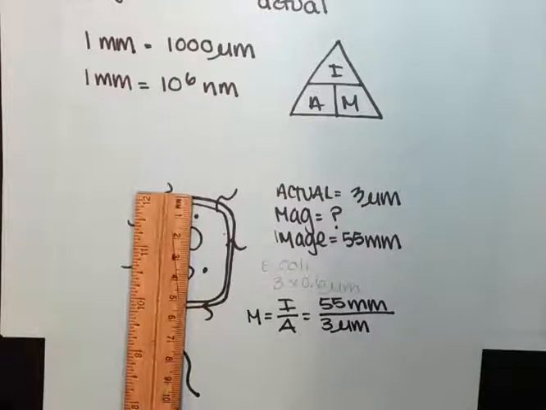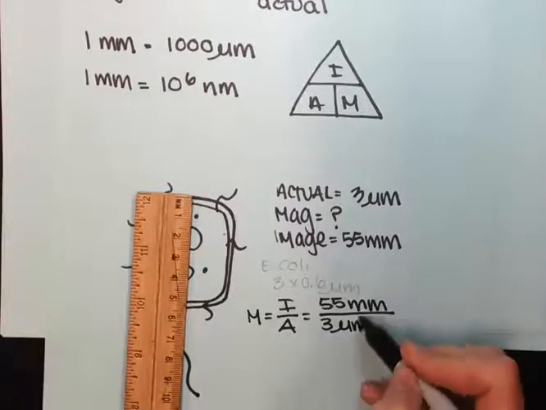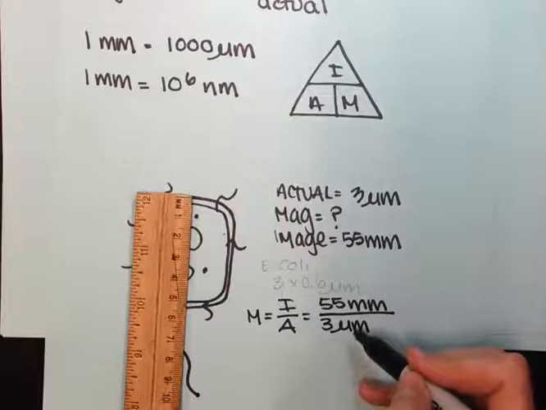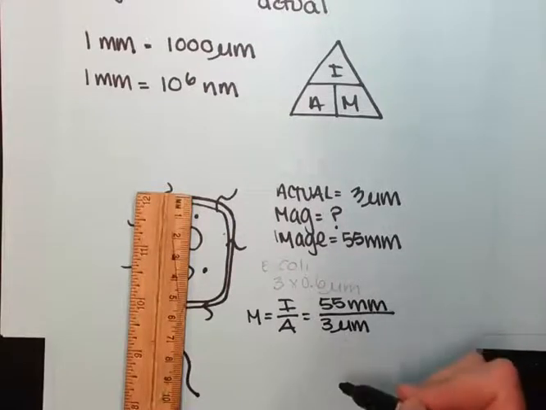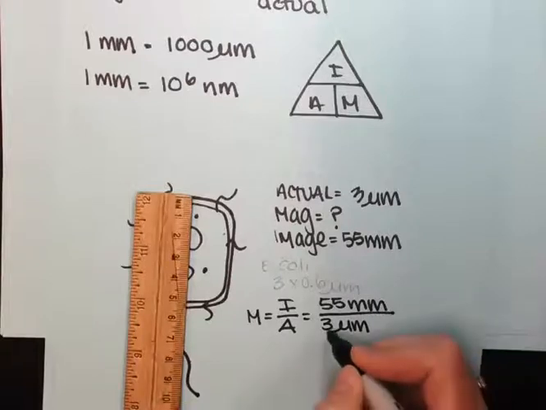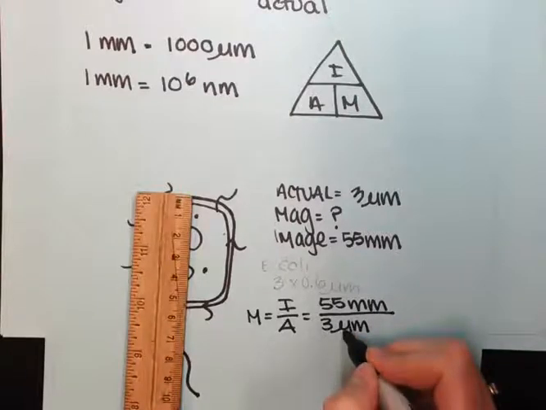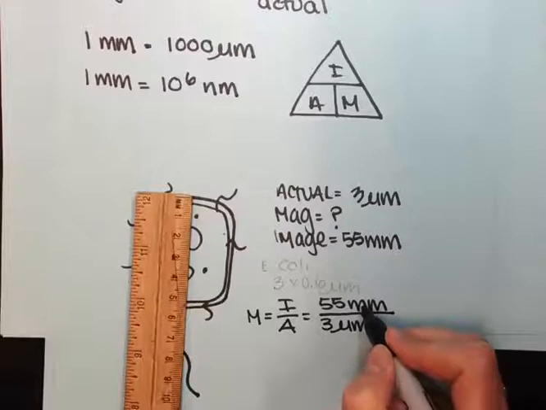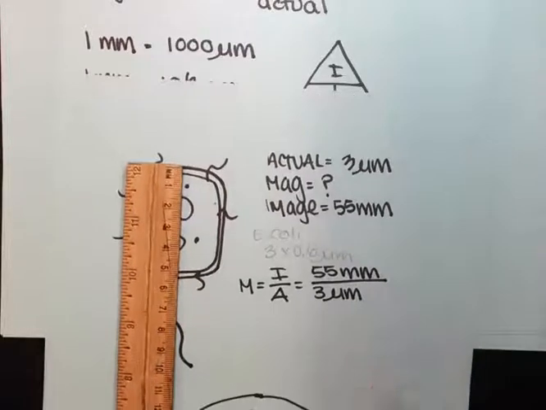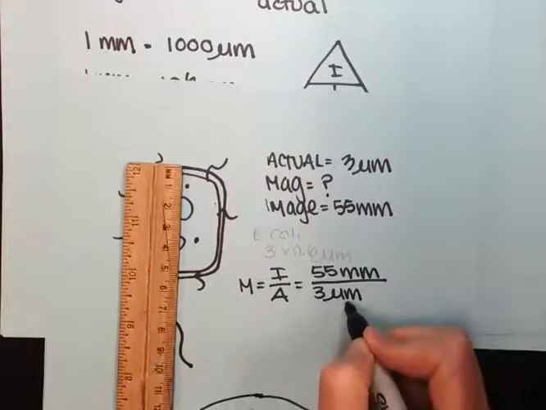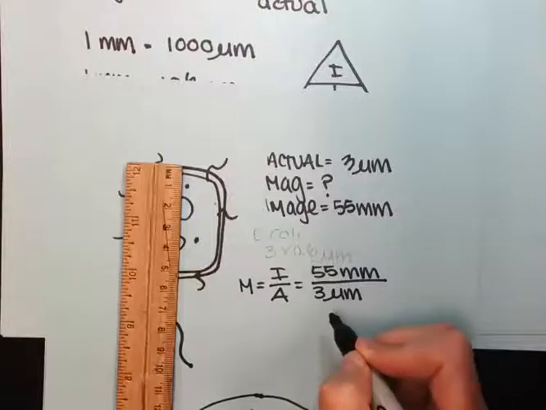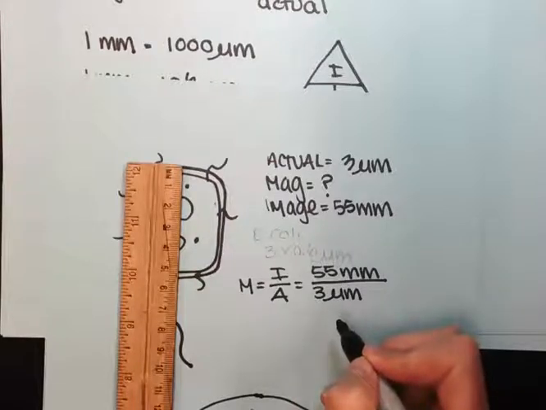Now, before I do any calculations, I need to get these into the same unit. And it doesn't matter which one goes which way. They just both have to be the same. So for this one, I'm going to convert my micrometers to millimeters. So there are 1,000 micrometers in 1 millimeter. So if I'm going from micro to milli, that number should be smaller, right?